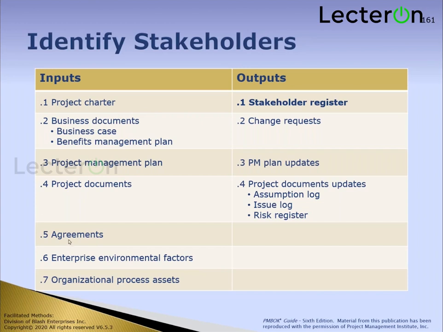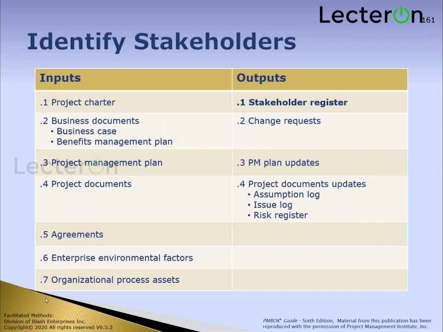Your agreements, same as your business documents. Maybe your agreements talk about contract officers or key people that you have to interface with. Those could be part of the agreement. Could be people, it could be groups of people.